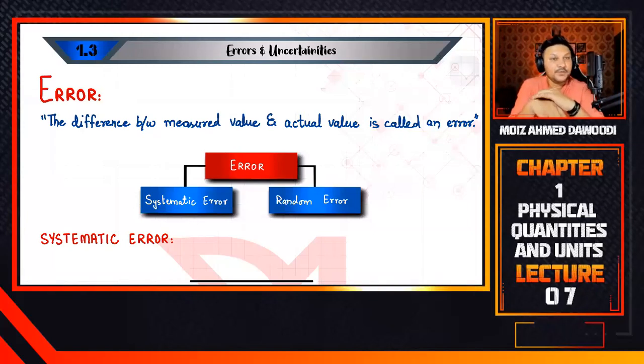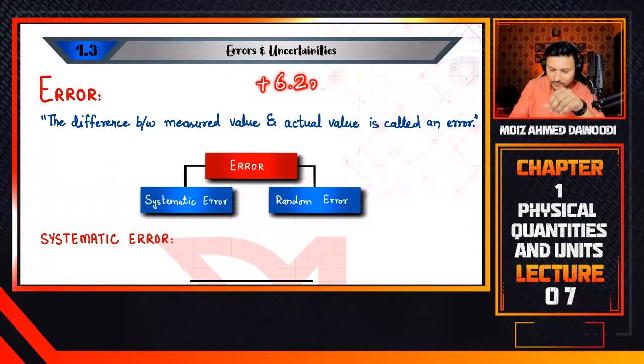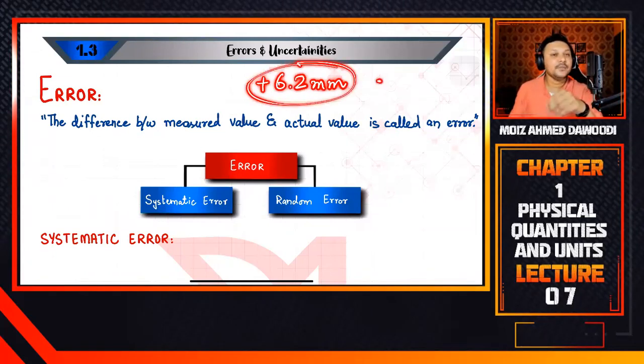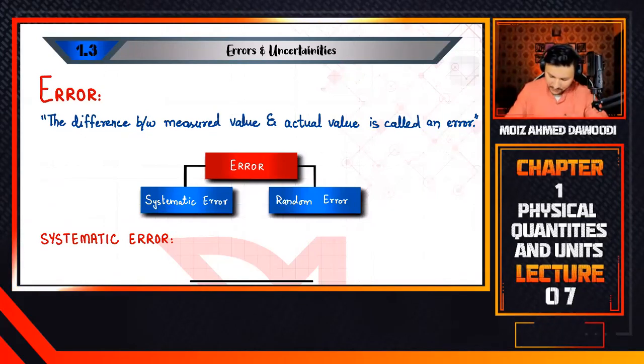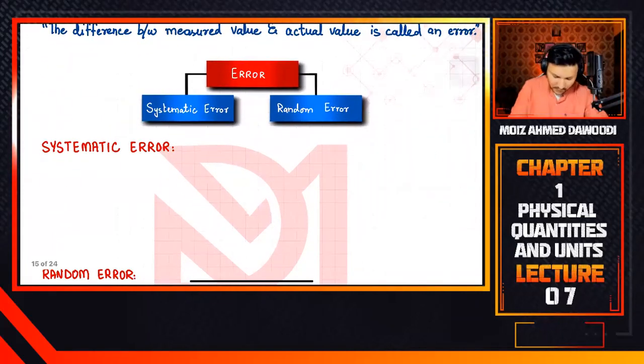For example, if you're talking about the zero error of the micrometer screw gauge, it will remain the same. Whether you measure the diameter of a marble or the diameter of a wire using that screw gauge, if it has, let's say, an error of plus 6.2 millimeter, every time it will have the same error. So one of the biggest identifications of systematic error is that their value is roughly constant. Okay? So let's write down the definition of systematic error.